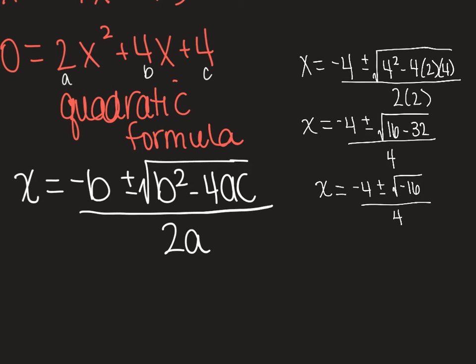Now when you're simplifying this little part over here, our final answer, you do need to remember that the square root of a negative number involves i. So the square root of 16 is 4, and then because it was negative, we have an i, and then all over 4. And then because each and every term is divisible by 4, it's going to be negative 1 plus or minus i, because we divided a 4 out of each term.